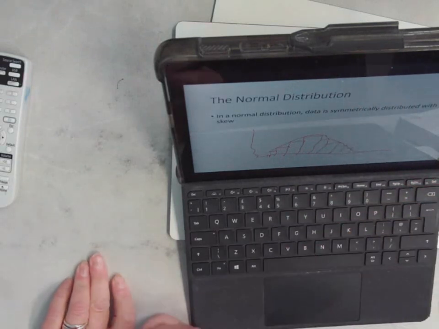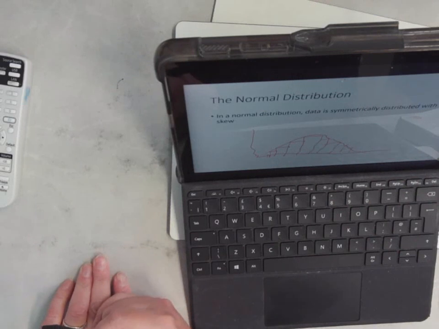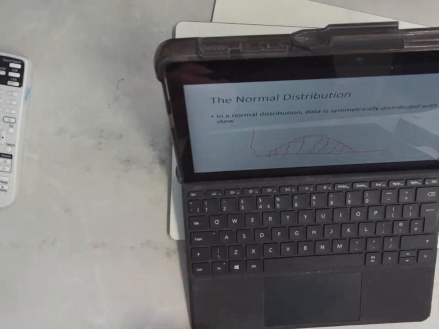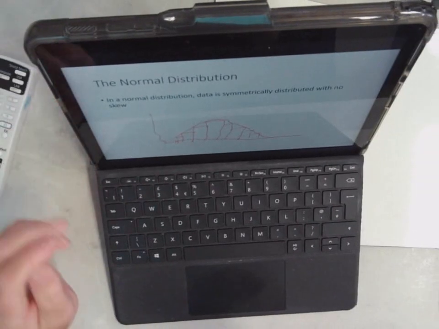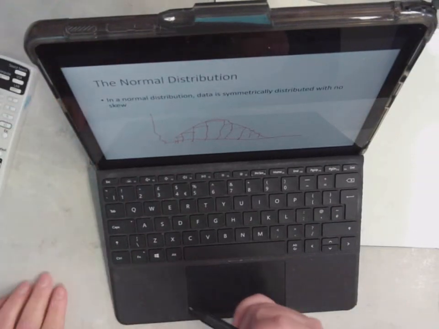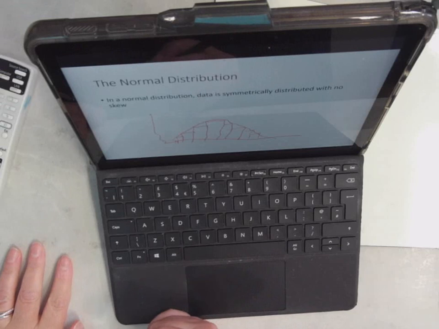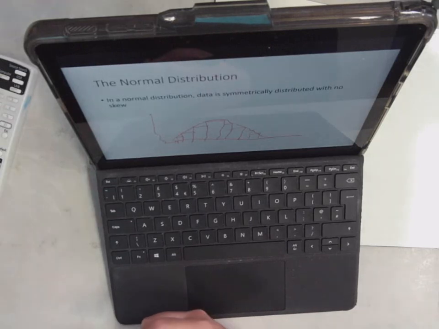Okay, so normal, and most surveys fit into this, right? There's always an exception, right? But most surveys fit into a normal distribution, and if it fits into a normal distribution, we can do lots of calculations on it, which is the whole point of inferential statistics.